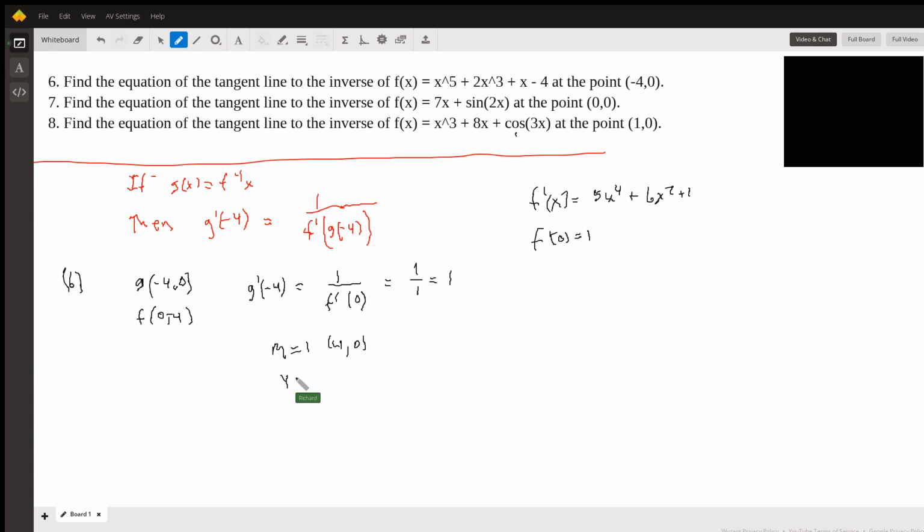So y minus y1 is equal to m times x minus x1. You don't really need point slope here because it's a simple equation, but in general, this is the better way to go. So you're going to go y minus 0 equals 1 times x plus 4. -4, 0. And so y is equal to x plus 4.